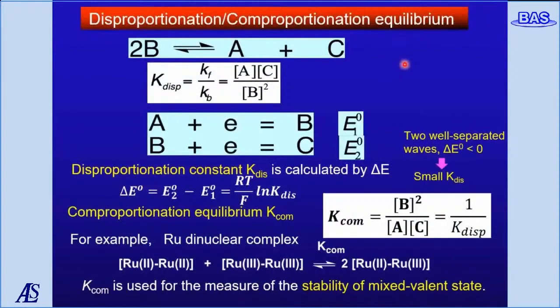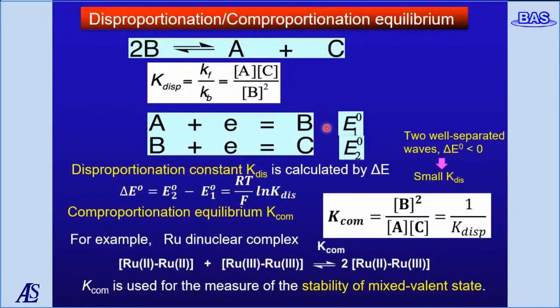In the EE reaction at the electrode, we have to consider the possibility of a disproportionation or comproportionation equilibrium, which occurs in the solution near the electrode. The extent of the reaction is governed by the potential difference.